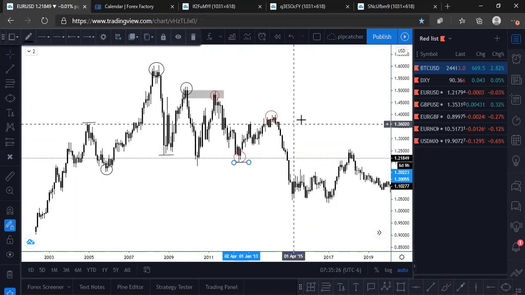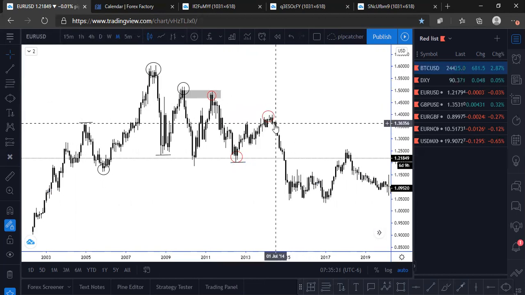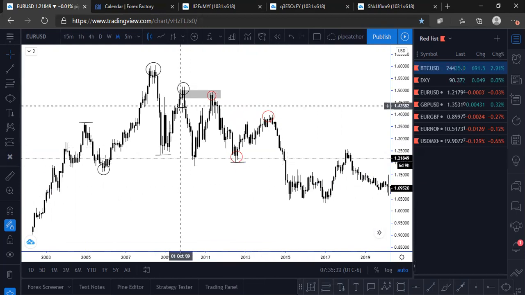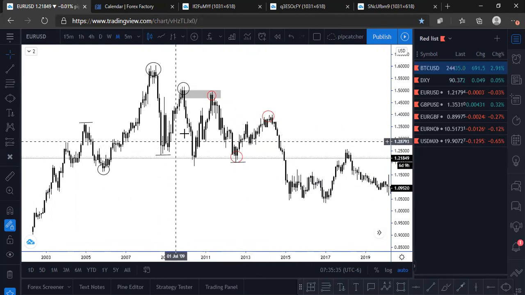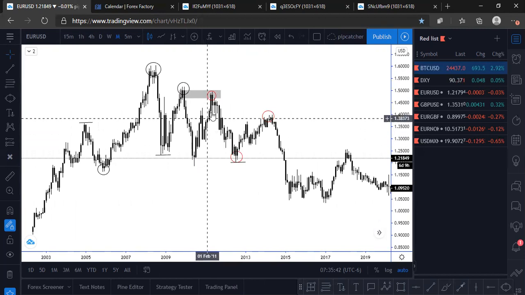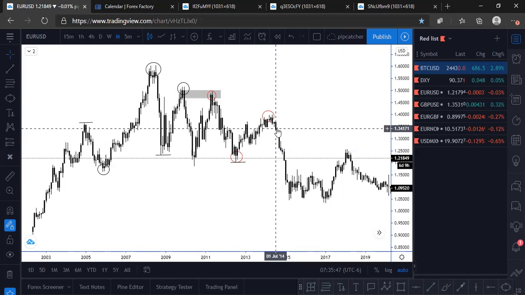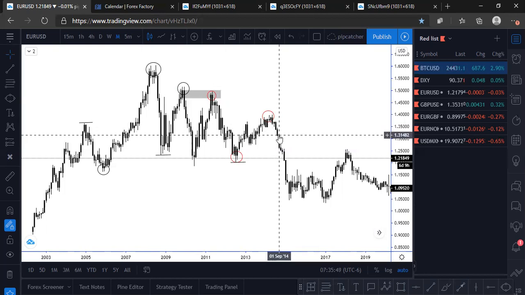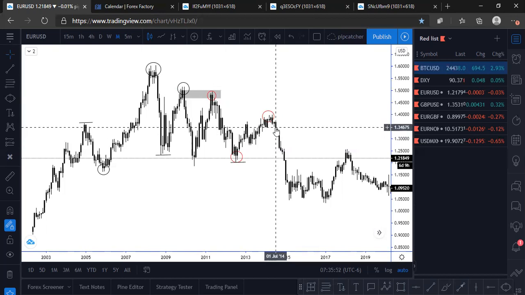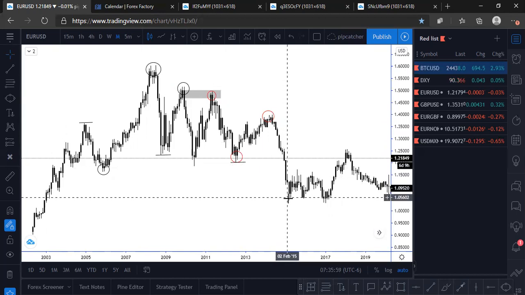We broke structure here. Now look at the difference between how this structure got broken and how that structure got broken. This last impulse here is what broke the structure before we started reversing. This impulse started breaking structure with aggressive push downs from up here, so we continuously aggressively traded down.